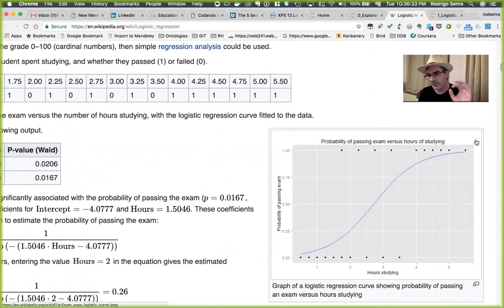That's a critical thing about logistic regression. Binomial logistic regression, which is the kind of regression we are going to study today, is basically useful for binary guesses: true or false, high or low, pass or fail, healthy or sick.